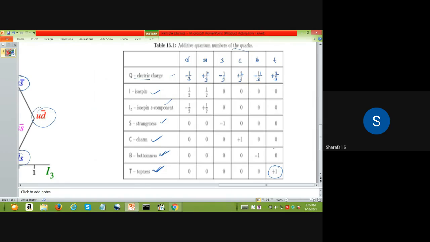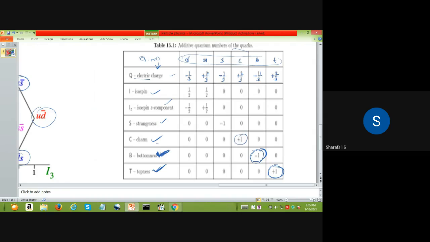For bottom quarks only, we have the quantum number minus 1 for bottomness. These are the quantum numbers and these are the quarks. For top quarks only, we have plus 1 topness, and for bottom quarks only, we have minus 1 bottomness.